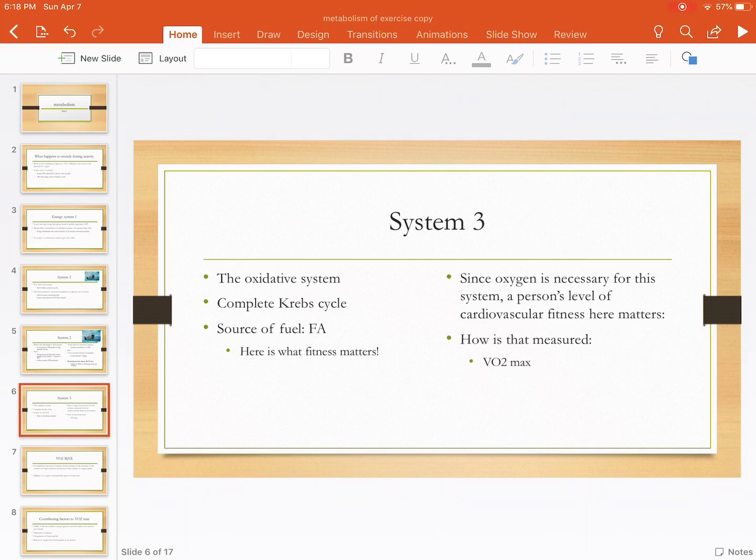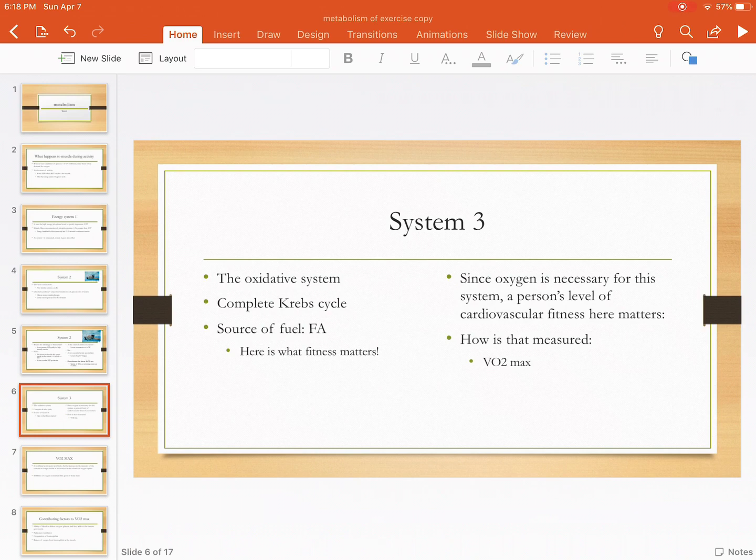So the amount of oxygen that your body can utilize here really matters. And here, the amount of oxygen that you can really have your body utilize depends on your level of cardiovascular fitness. So both your physical fitness and your cardiovascular fitness matters.